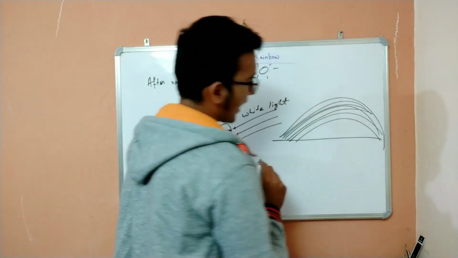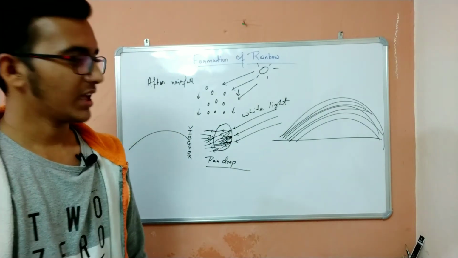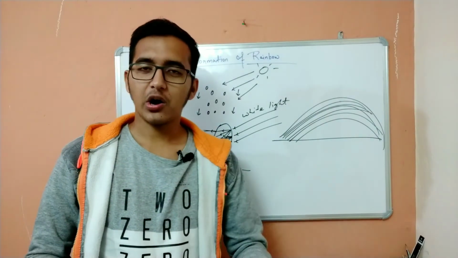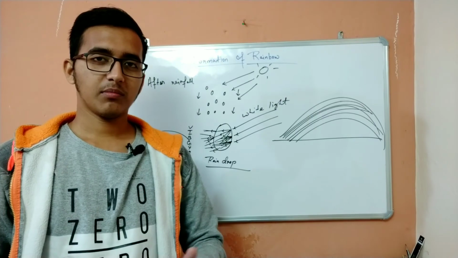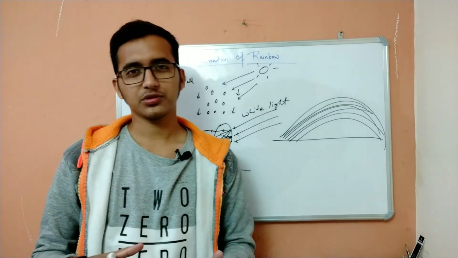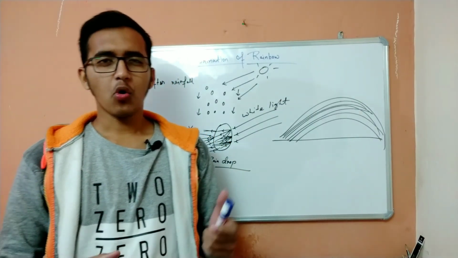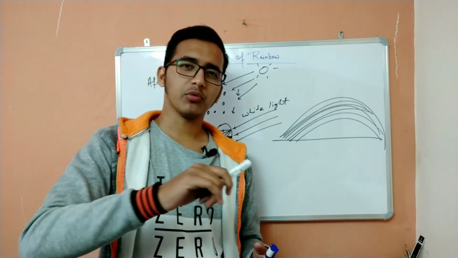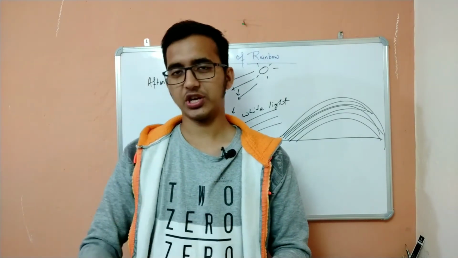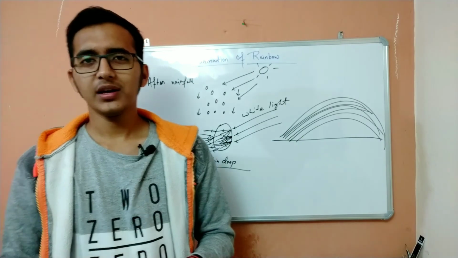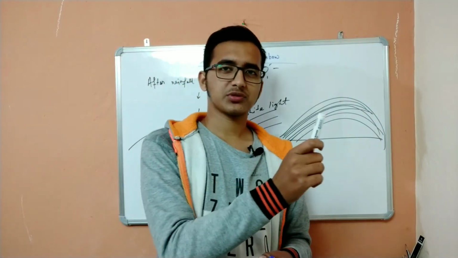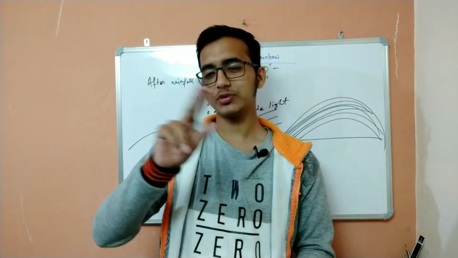Now, I have a very good question for you. I explained how a rainbow forms, but can you give me the answer to this question? Tell me, why is the rainbow always in this curved shape? Okay, why don't you see a rainbow just straight? Why does a rainbow have to be in a curved shape?